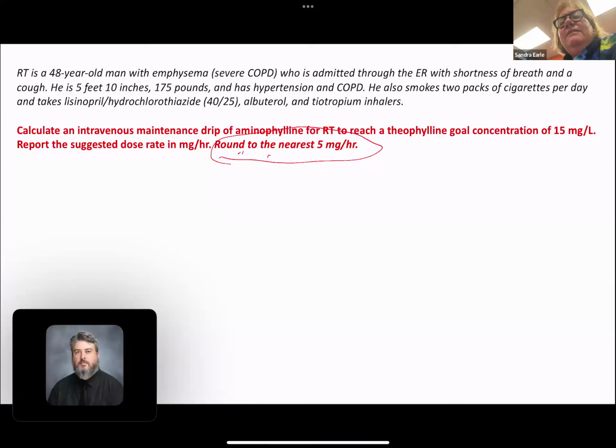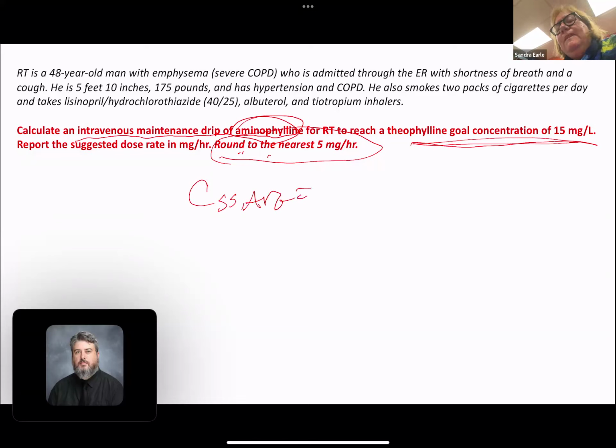Okay. Same case, right? But now calculate an intravenous maintenance drip of aminophylline to reach a goal concentration of 15. So now we're looking at our CSS average equation, right? Which is equal to salt times bioavailability times dose rate all over clearance.